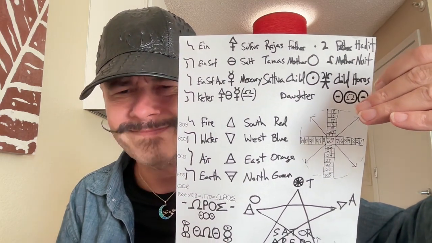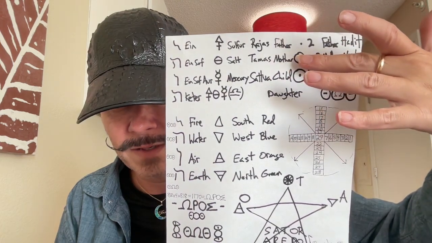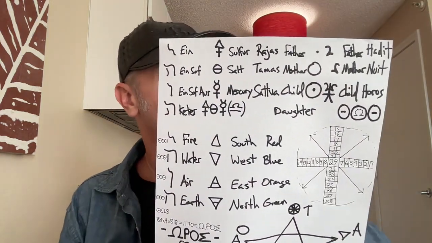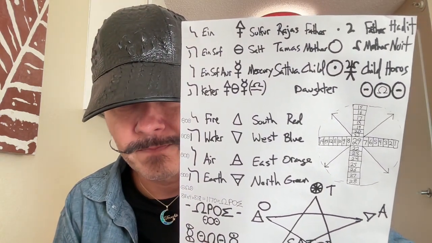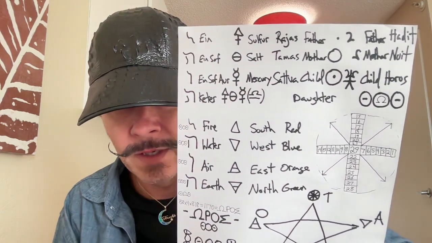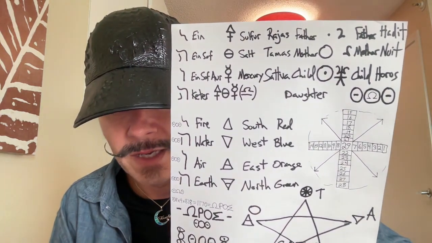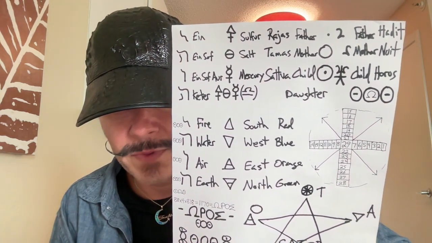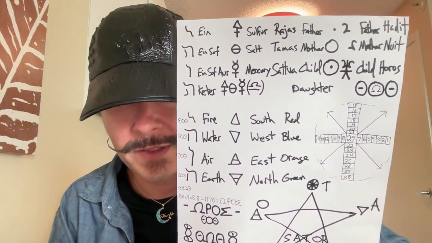So in order of father and mother, you have Rajas and Tamas. I would say comparatively, the Rajas part, yeah, I would say this is correct here, what I'm saying. You have the Mercury Sattva child as a phase of alchemy that represents the entire spirit complex of the circle.